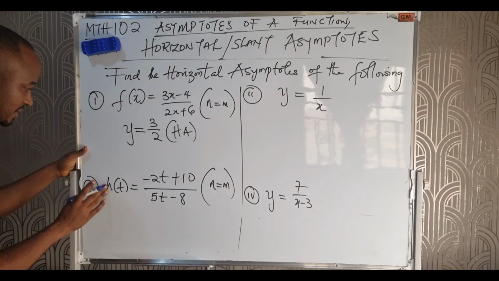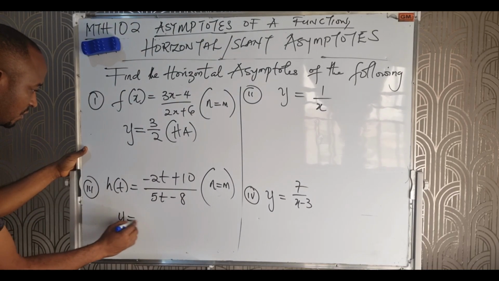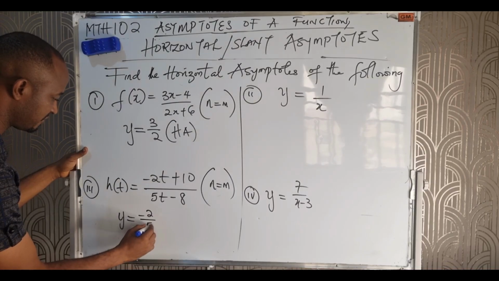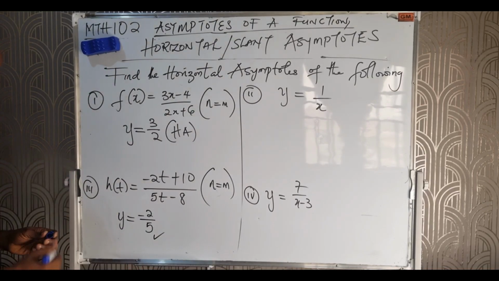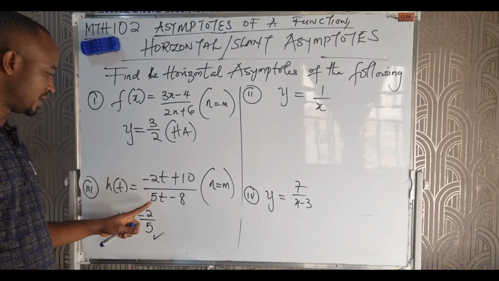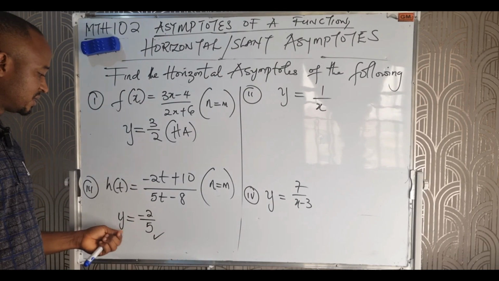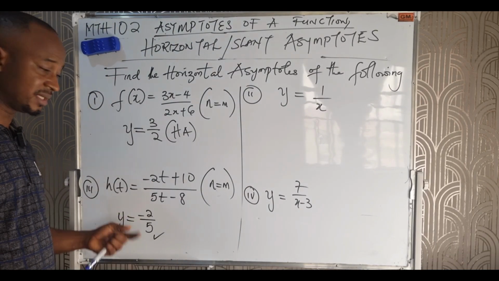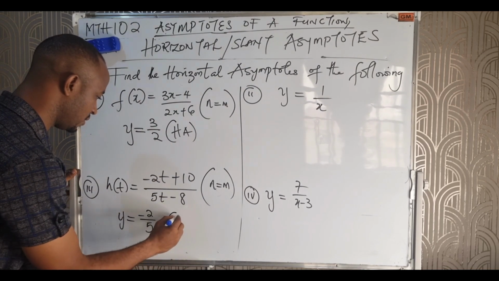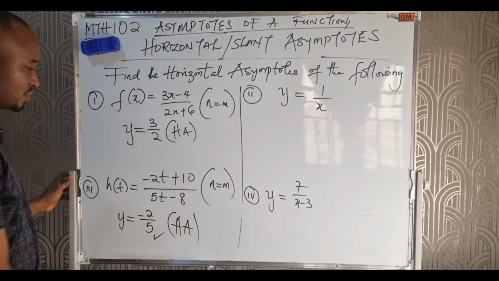Just divide the coefficients of the leading variable, which are -2 and 5. That will give us the point at which HA occurs. So HA occurs at y equals -2/5.